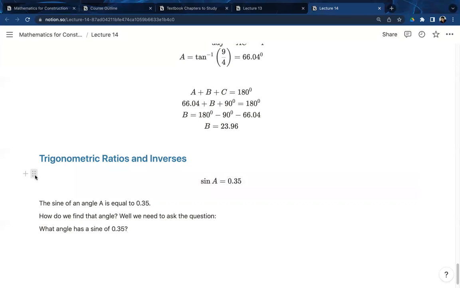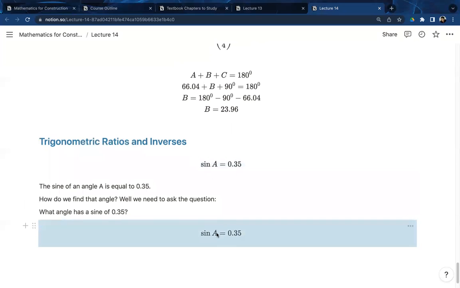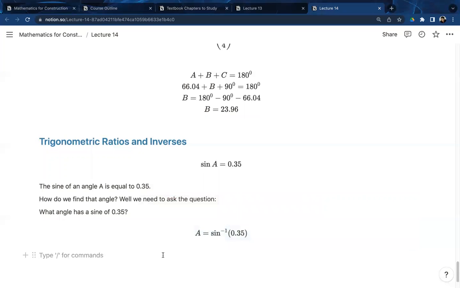Another way of writing that in mathematics, right? You'll say A... how do you read this?